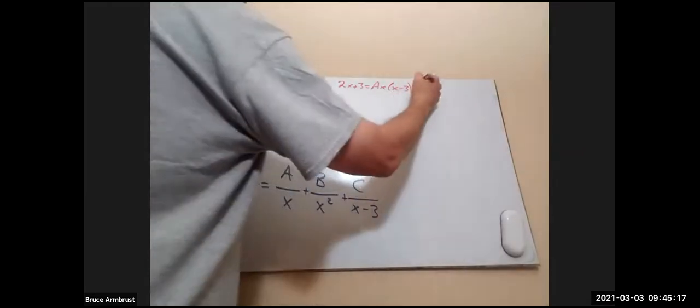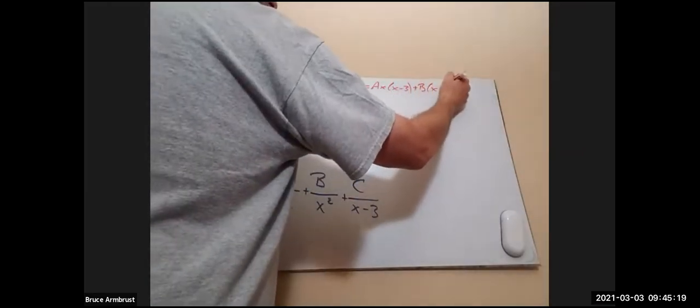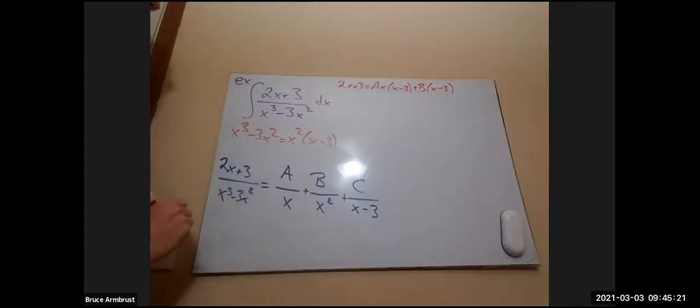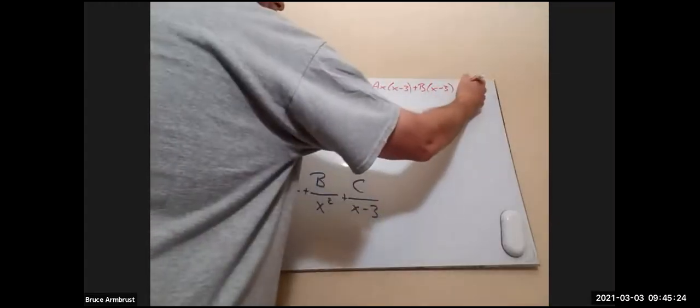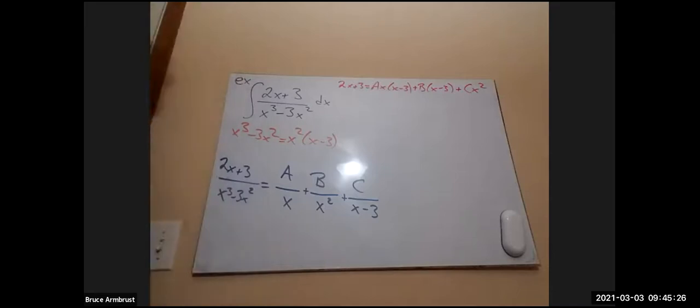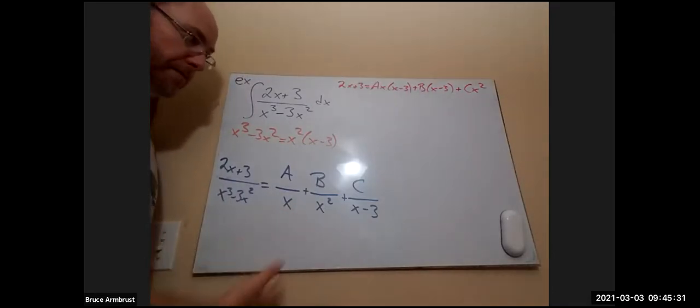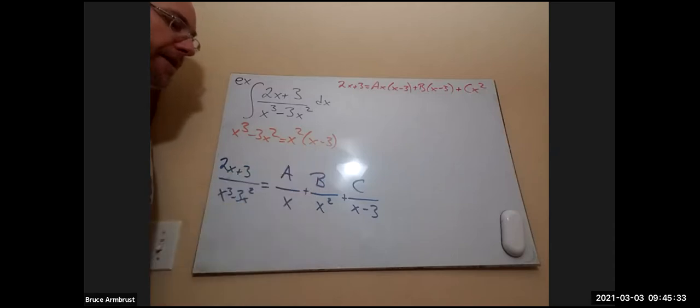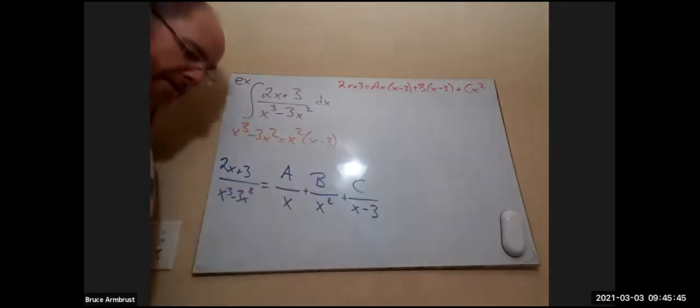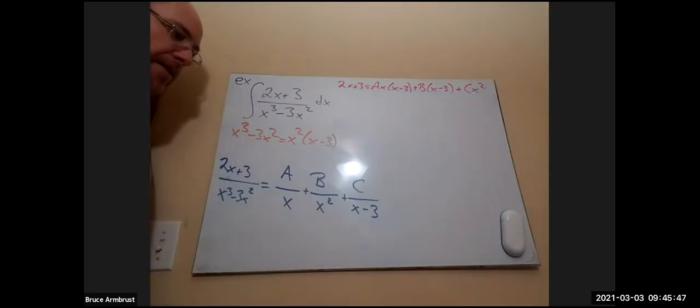The b is only going to need x minus 3. And the c is going to need x squared. Because that common denominator is x squared times x minus 3. So I'm just introducing the missing pieces to each of those. So this is the thing that we're going to plug values in so we can find a, b, and c.